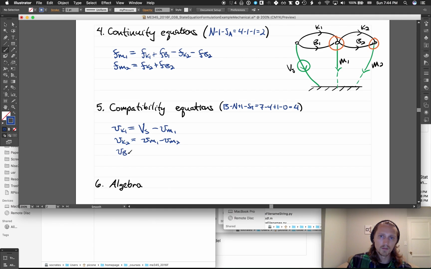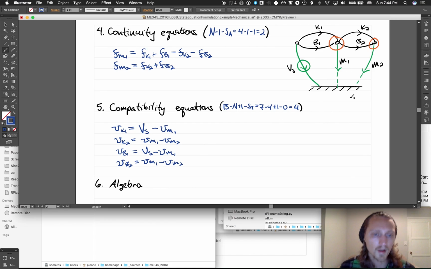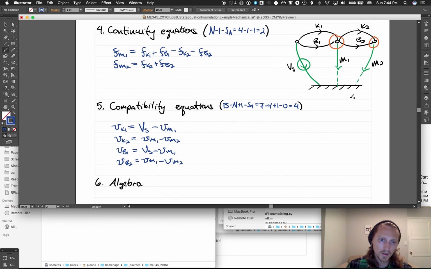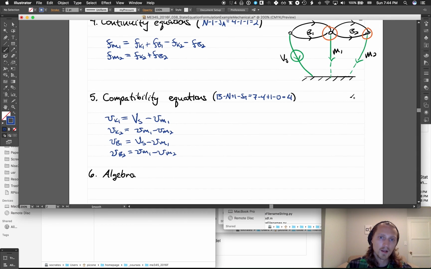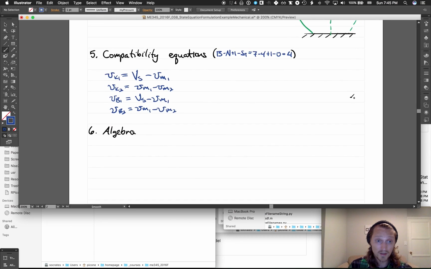So VB1 is equal to VS minus VM1, and VB2 is equal to VM1 minus VM2. Okay, because it's like the same loop that gets created, right? Alright, so our compatibility and continuity equations are now found. So we have all of the equations that we need to solve this. So now we just need to do the algebra.